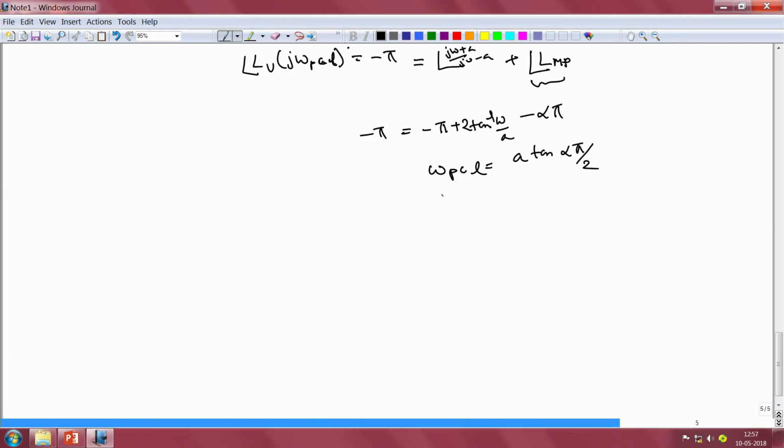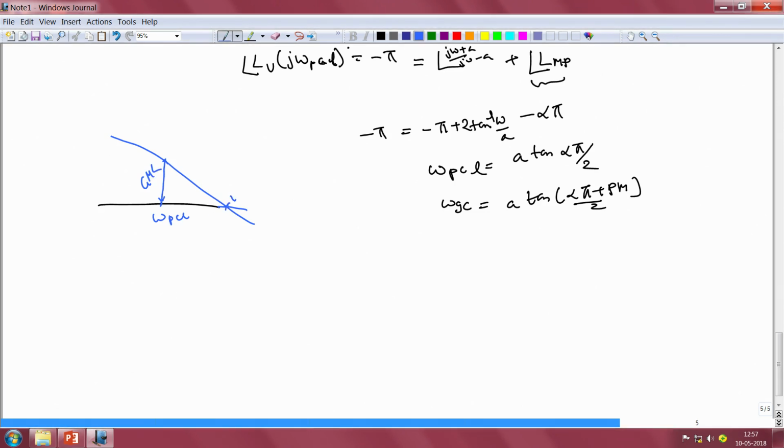So, omega Gc, to remind you, is going to be given by A times tan of (alpha pi plus PM) by 2. Now, since we have assumed that the magnitude characteristic is rolling off at the same constant rate of minus 40 alpha dB per decade, if this is the magnitude characteristic at omega Pcl, we have a certain gain that is given by GML, and then we have omega Gc.